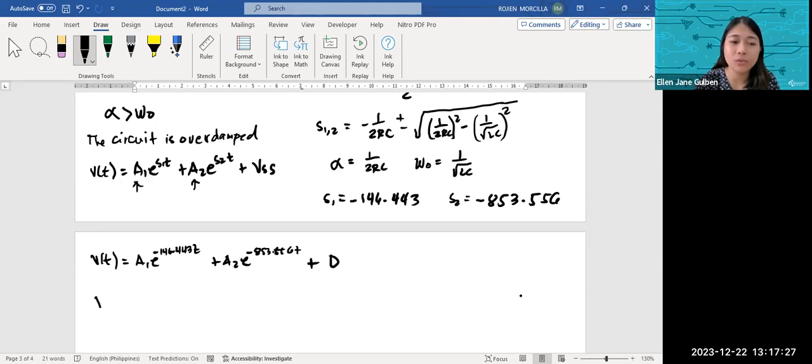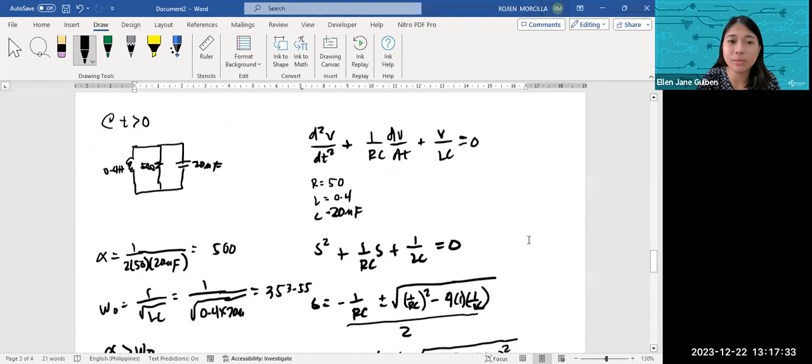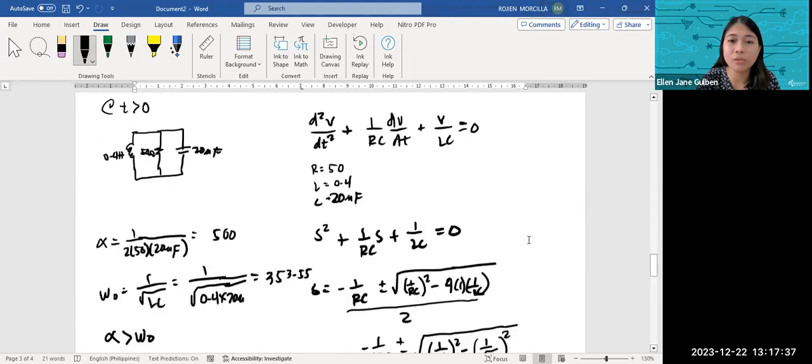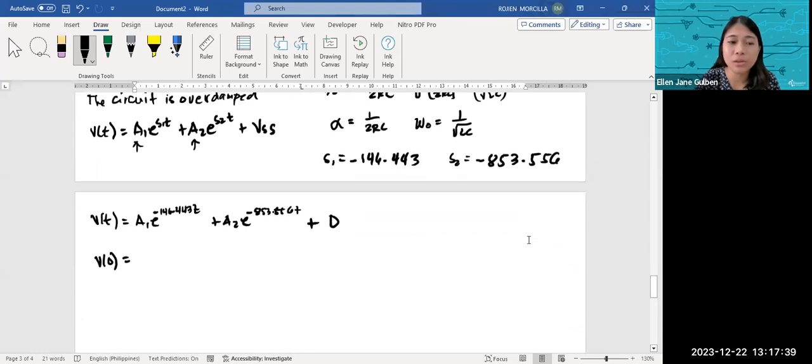Now we will do V at 0. We have an initial state of 25 volts. That's 25, which is equal to A1 e to the 0 plus A2 e to the 0, so that's A1 plus A2.